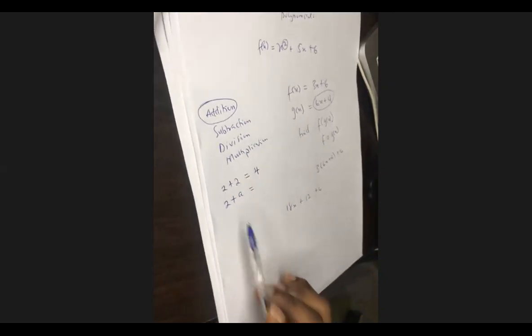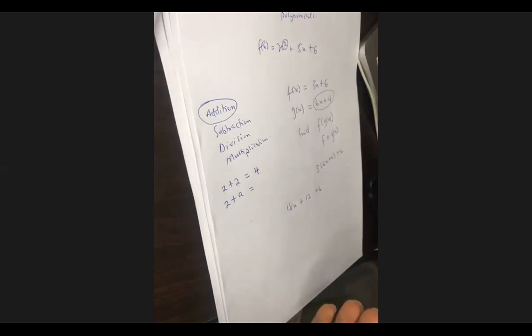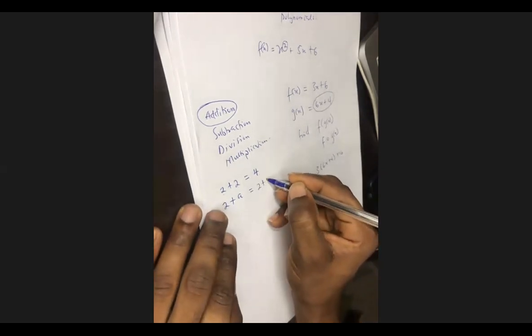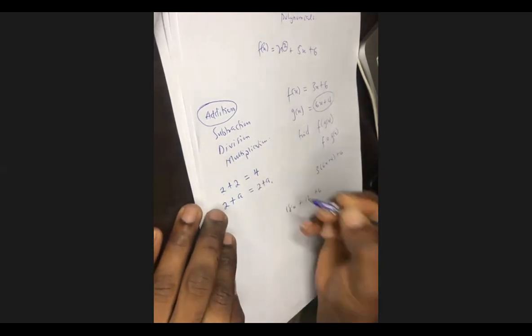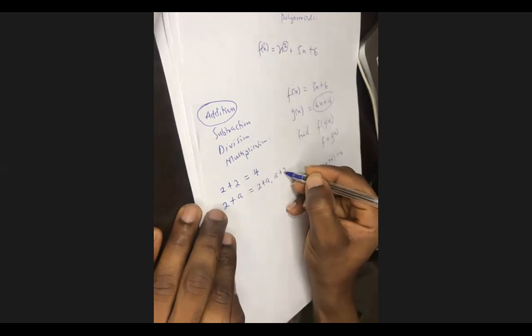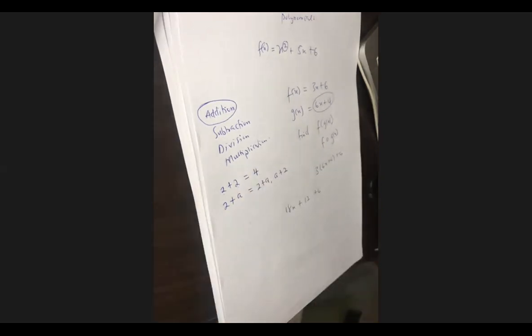Now, this 2 plus a will continue to be 2 plus a forever, because there's no way a number and a variable can be added to give you a result. So this is either 2 plus a or a plus 2. You cannot add them.